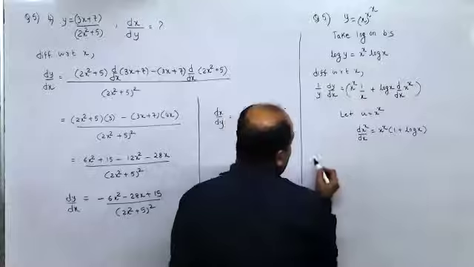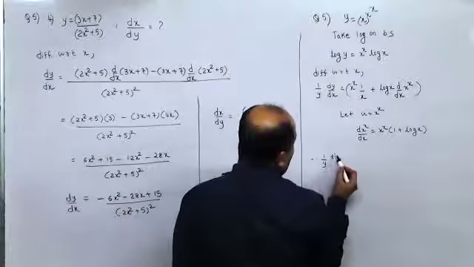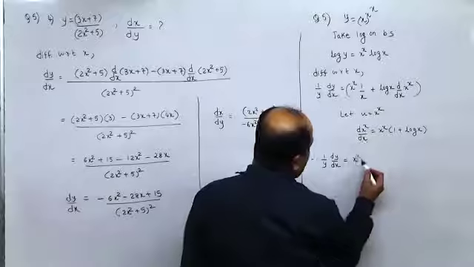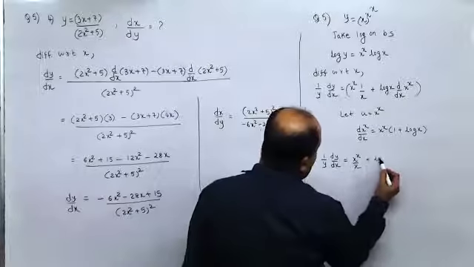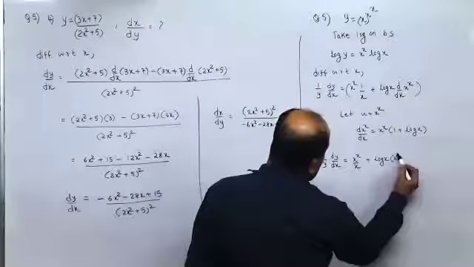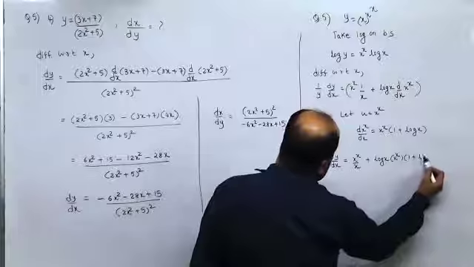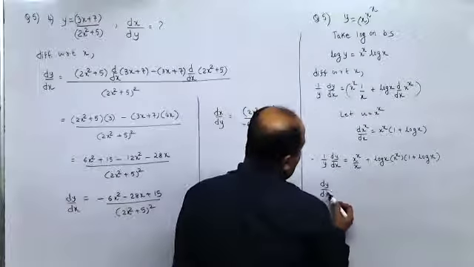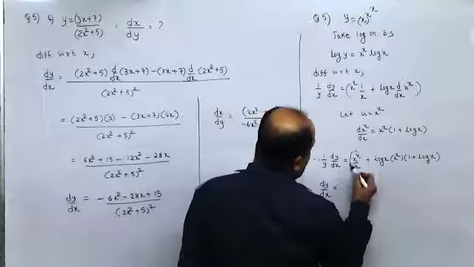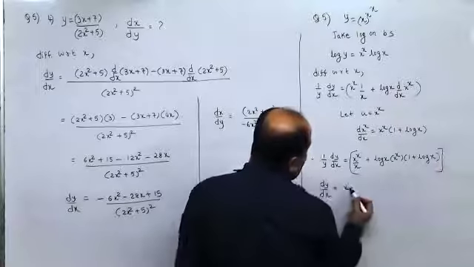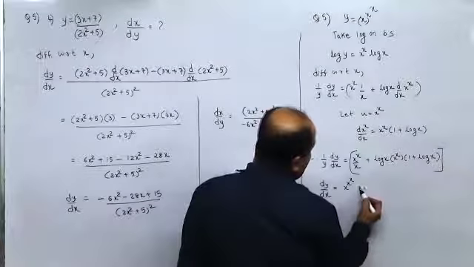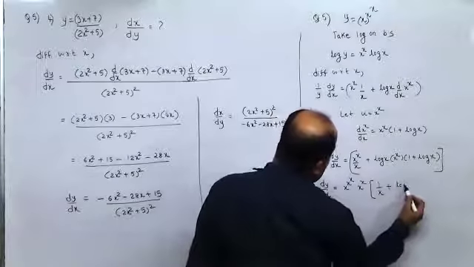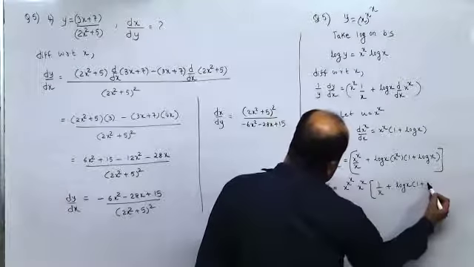Now substitute here, therefore 1 by y dy by dx equal to, this would be x raised to x upon x plus log x into, I'll get x raised to x into 1 plus log x, and this would be dy by dx equal to, in place of y, I'll write here x raised to x raised to x into, I'll take x raised to x common, this is 1 by x plus log x into 1 plus log x.